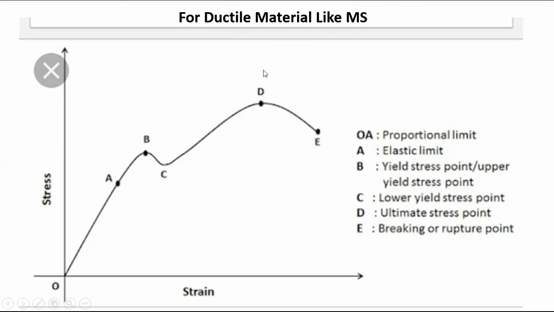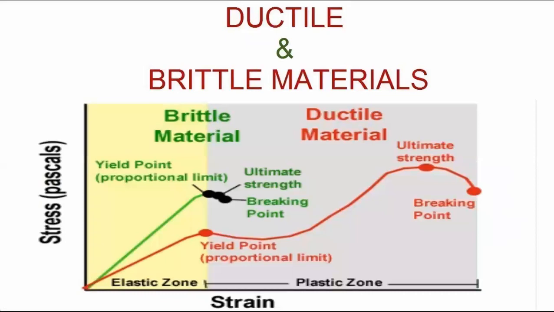Okay, moving forward. Now look at the stress strain curve for brittle materials. Brittle material, for example, cast iron. Now you can see after a proportionality limit, there is no such plastic deformation, very less, and immediately the material will fail or break.